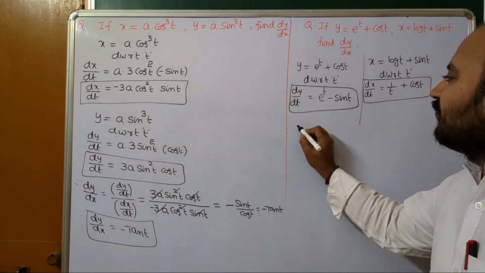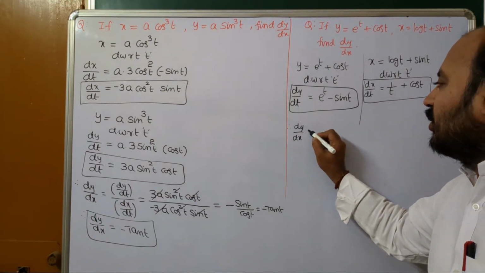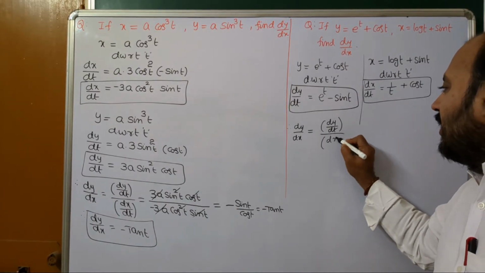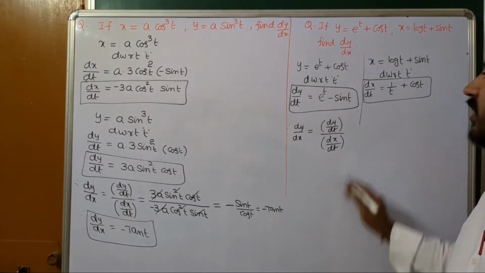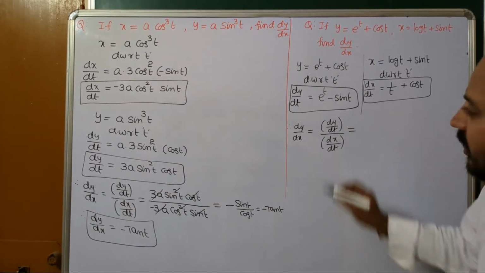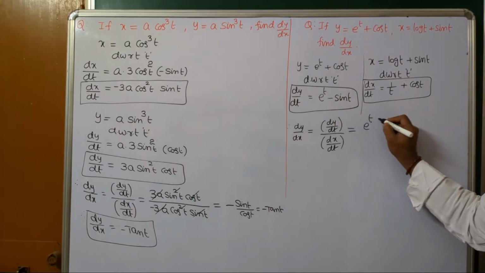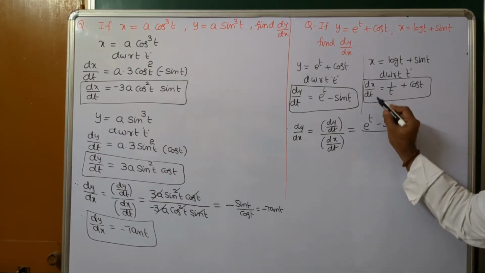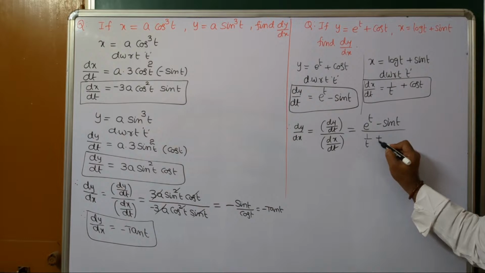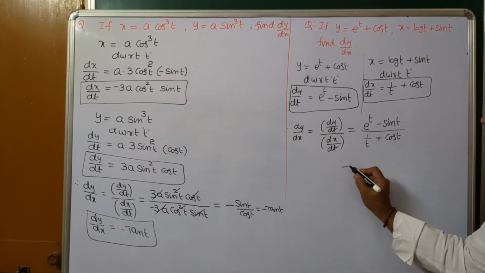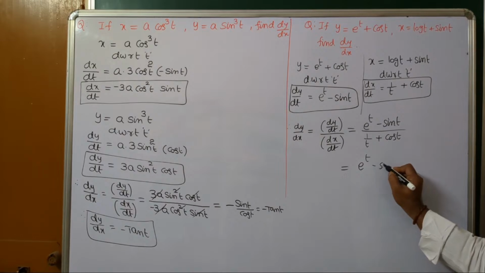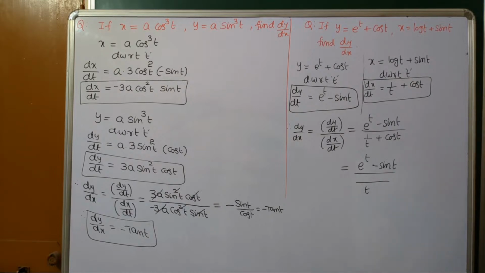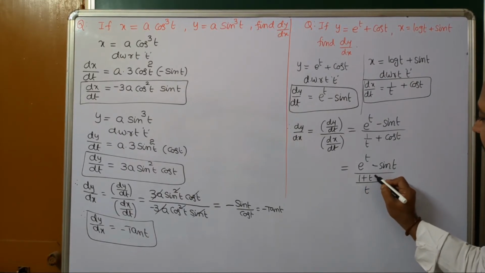Now the formula: dy by dx is equal to dy by dt whole divided by dx by dt. That is equal to dy by dt, what we got here, e power t minus sin t, whole divided by dx by dt, whose value is 1 by t plus cos t. You can simplify now. e power t minus sin t, take the LCM in the denominator. t is the LCM: 1 plus t cos t.